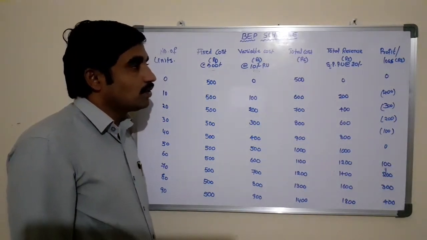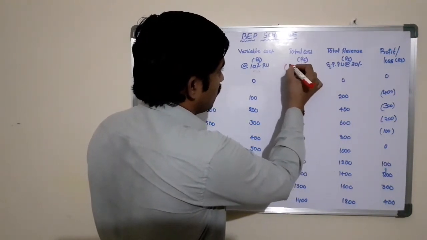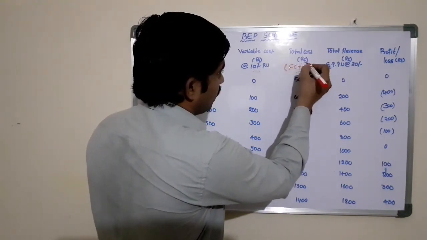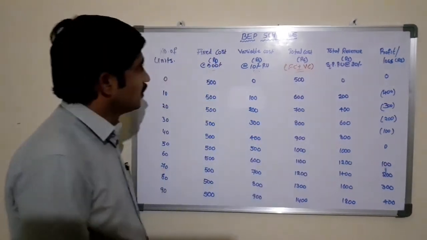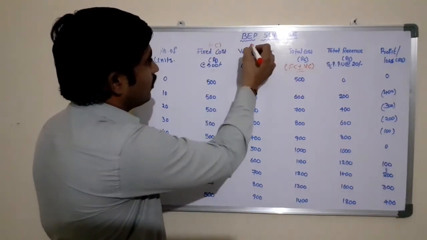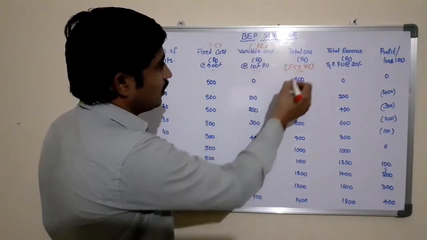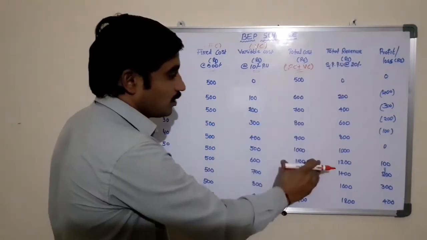And coming to the total cost, here the total cost is ascertained by adding fixed cost and variable cost. Fixed cost is denoted by FC, variable cost is denoted by VC. The total of fixed cost and variable cost is the total cost.